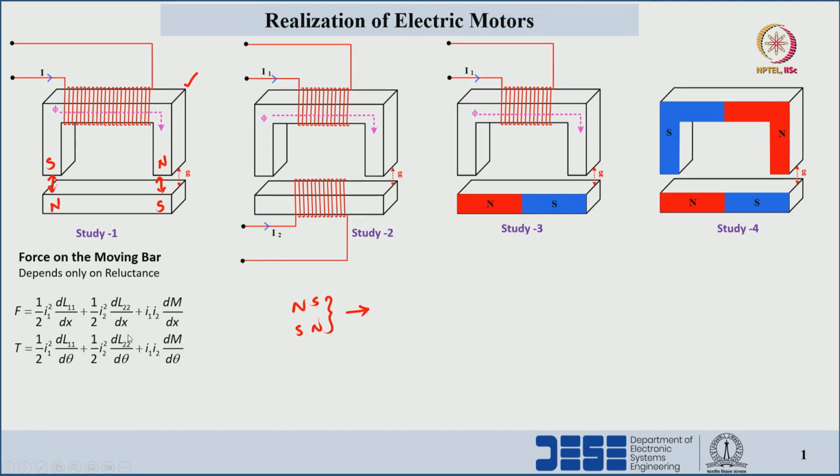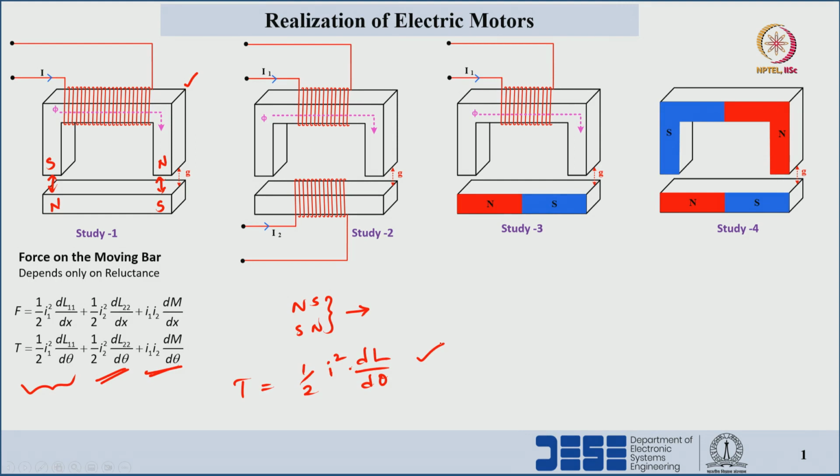The torque equation and force equation we have derived already, and here there is no second coil, the current in the second coil is equal to 0 and the mutual inductance term also will not be there, only the reluctance term: torque is equal to half I square dL by d theta, we can see.